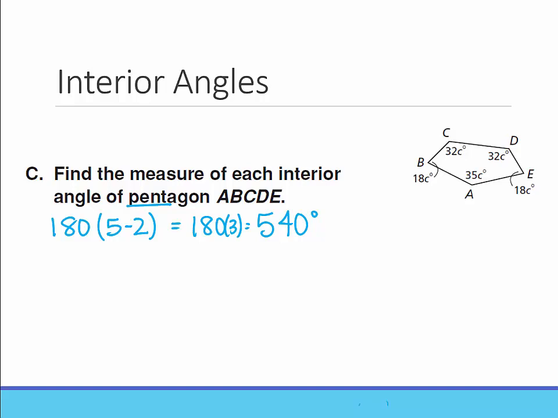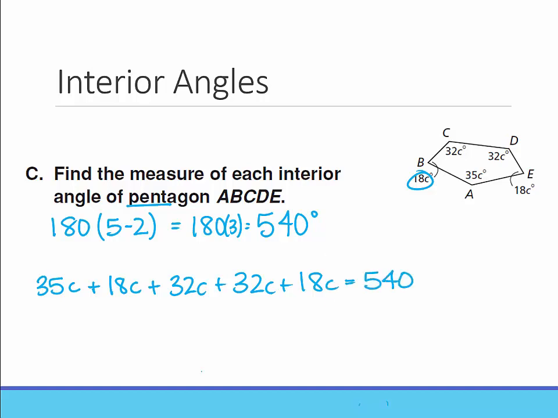So I have angle A, which is 35c, plus angle B, which is 18c, plus angle C, plus angle D, plus angle E. And all of this has to add to 540.